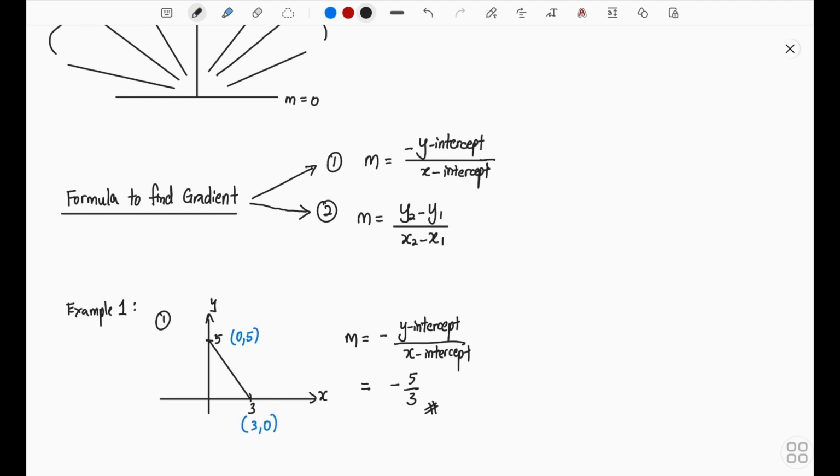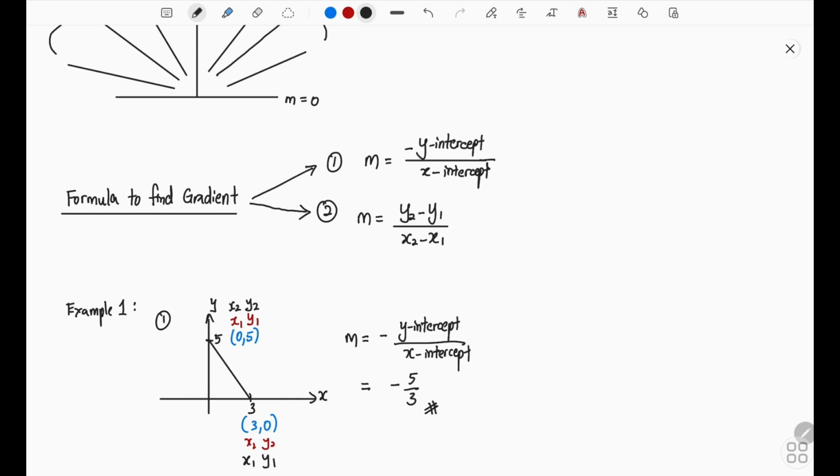And to use the second formula to solve for this question, you first need to assign your coordinates to be x1, y1 and x2, y2. Same like what we did when we're trying to find the distance and also the midpoint. So which coordinates to be assigned as x1, y1? It's up to you, okay? You can either assign it x1, y1 and x2, y2 for the coordinates, or you can assign it as this to be x2, y2 and that to be x1, y1.